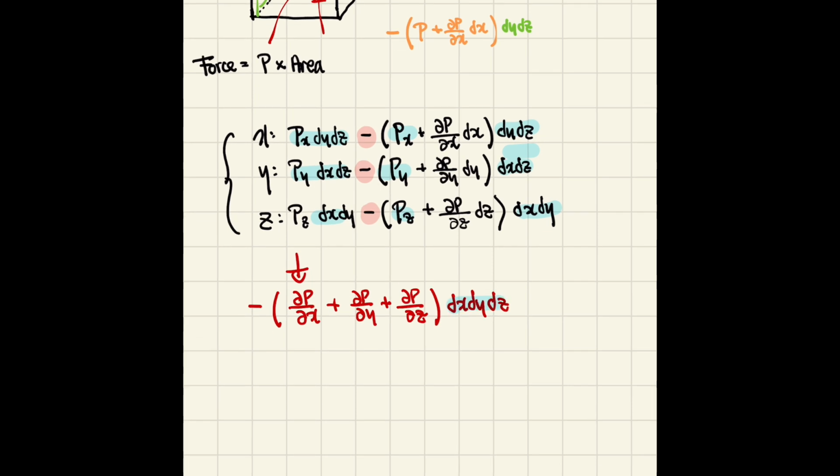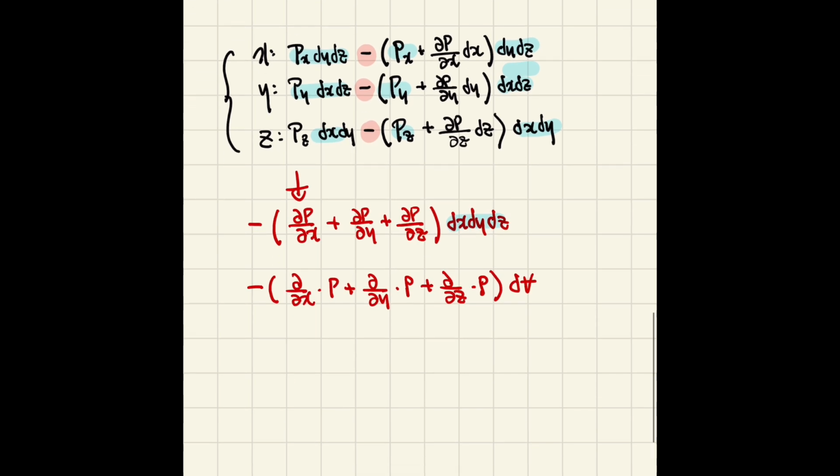And we know that dx dy dz, what is x, y, z? We know that this is volume, so this can be rewritten as dv, which is volume. And what did we say this can be rewritten as? Exactly, the gradient vector. So this equals minus gradient p dv.